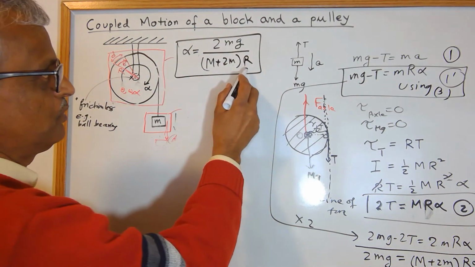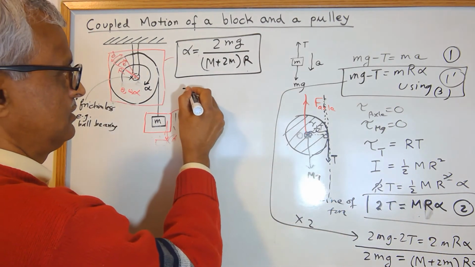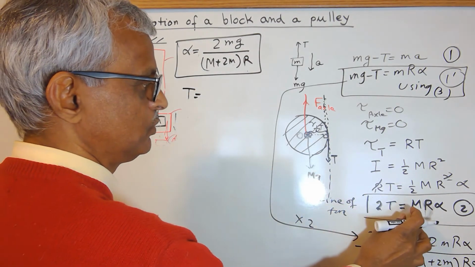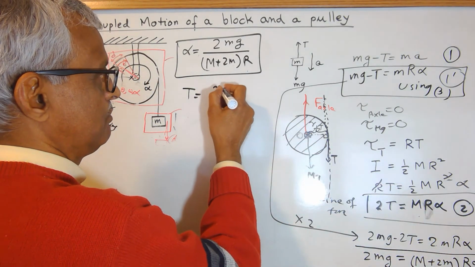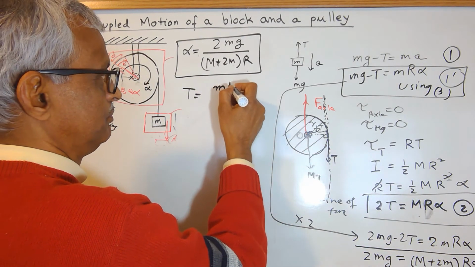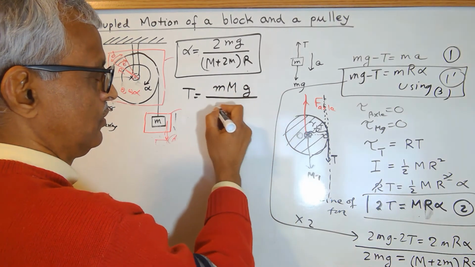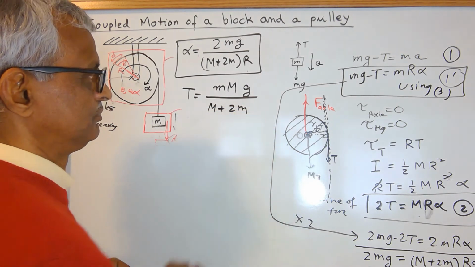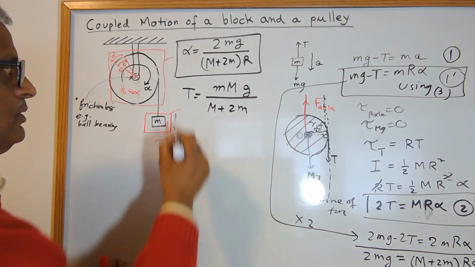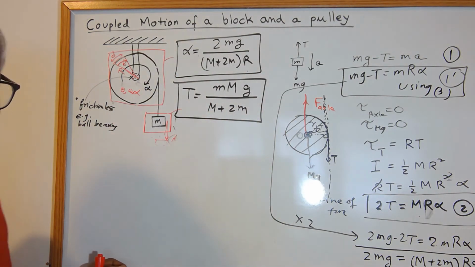Okay, so if I put this in here, I get the tension. So the tension, dividing by 2, is big M, little m, g over big M plus 2 little m. So this is the tension, and I can now put the numbers in.